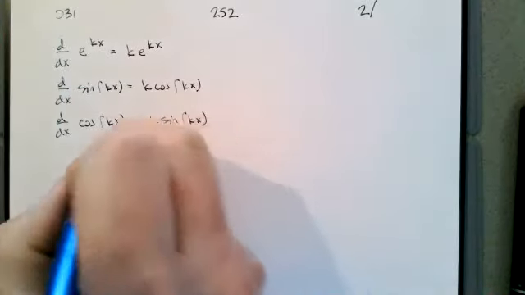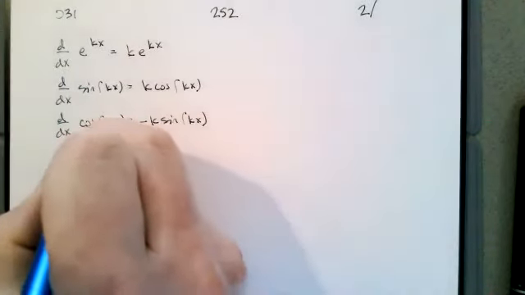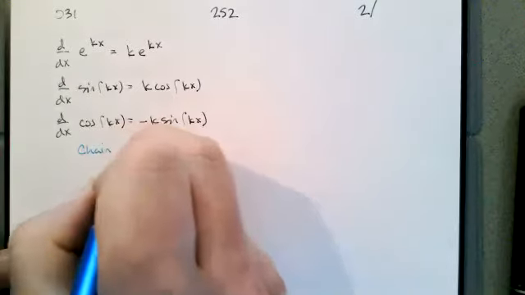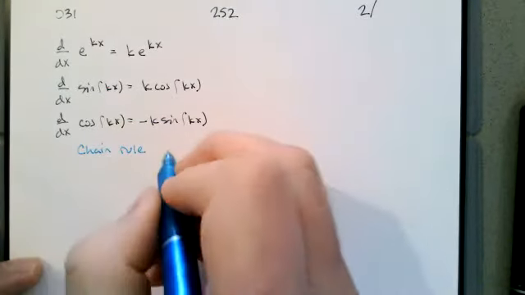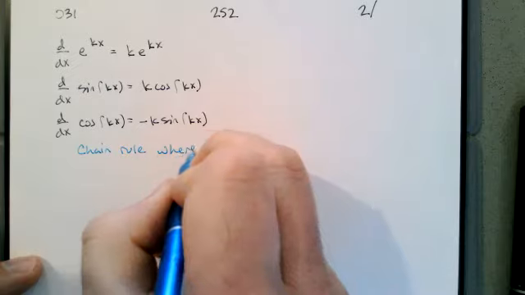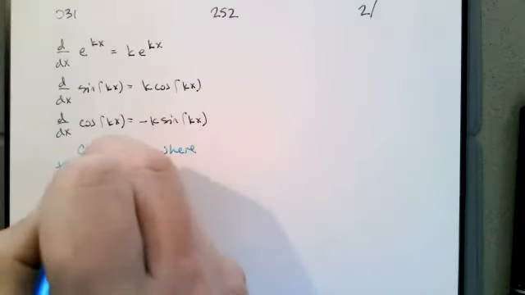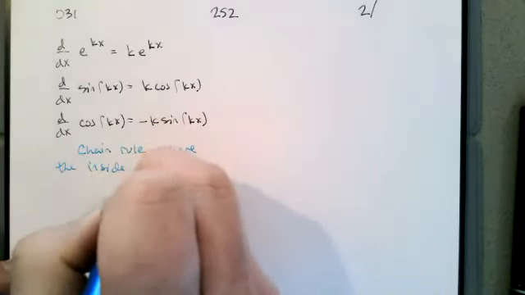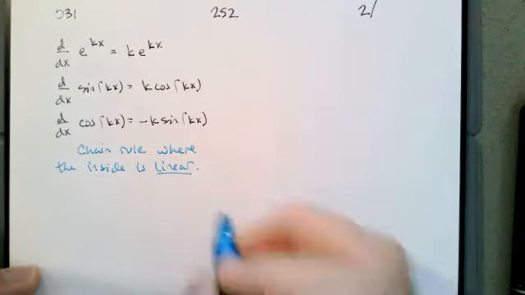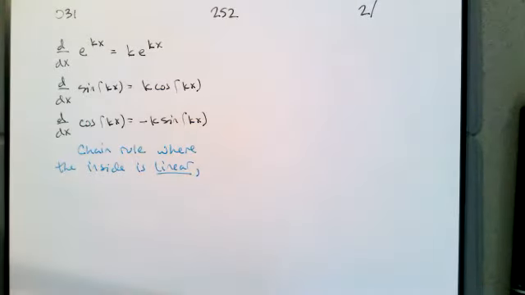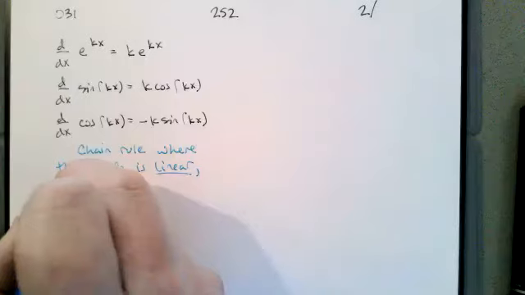So this is the chain rule where the inside is linear, that is, the derivative of the inside is constant.